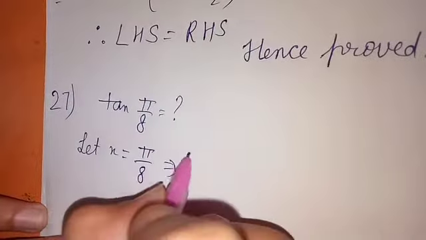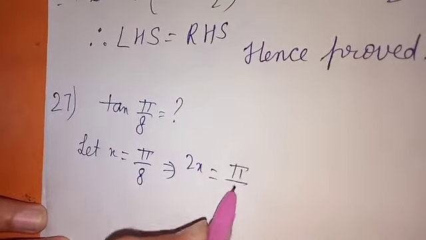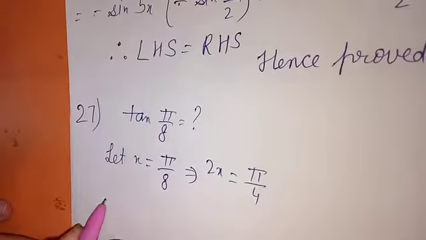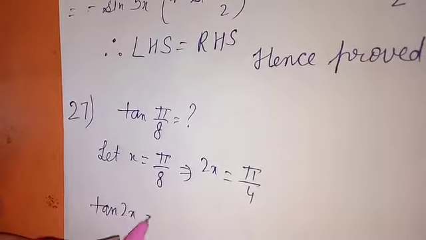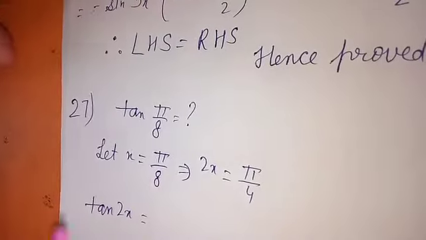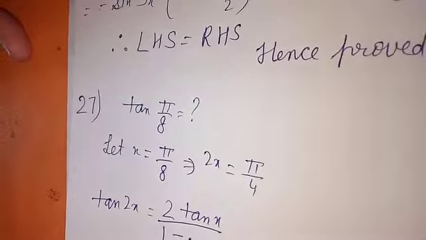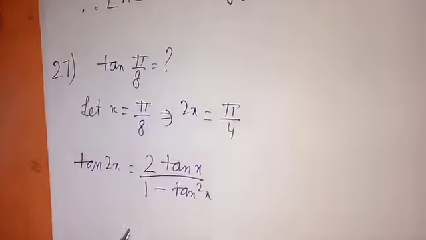So 2x will be pi by 4. Okay, so what is the formula of tangent 2x? Tangent 2x is 2 times tangent x by 1 minus tangent square x.